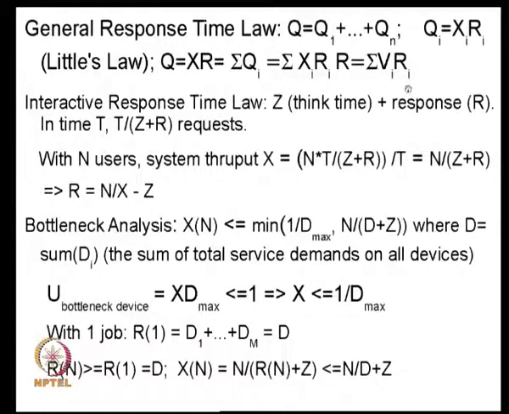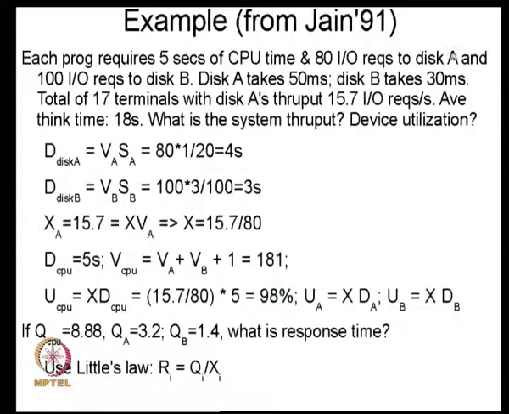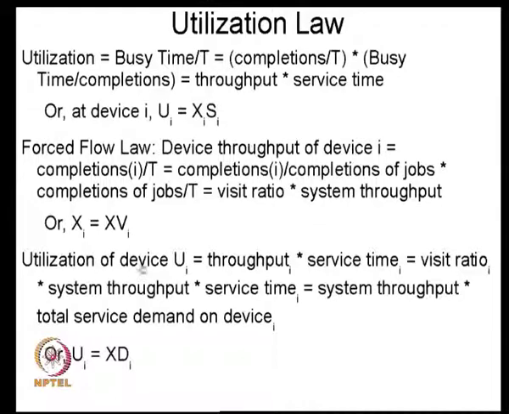What it is saying is that if you look at the number of visits at a particular device multiplied by the response, and you sum up all of those, that will tell you how many people are in the system. I am just using Little's law to derive this, and we are using this Qi equal to Xi Ri.